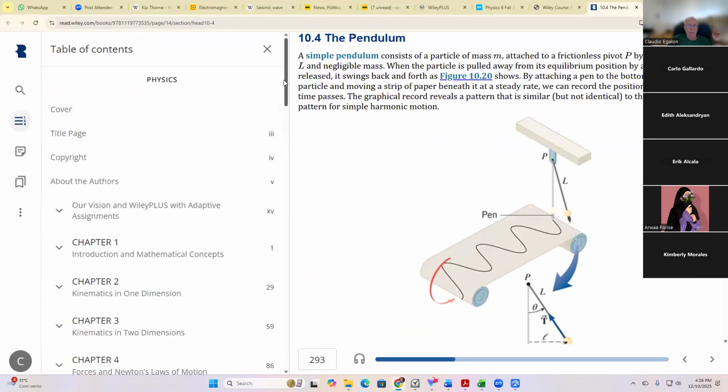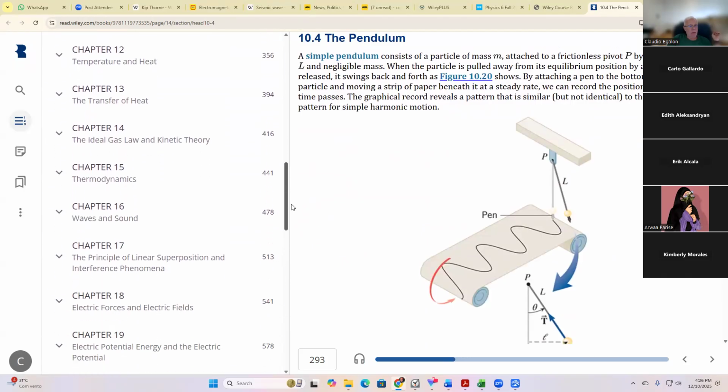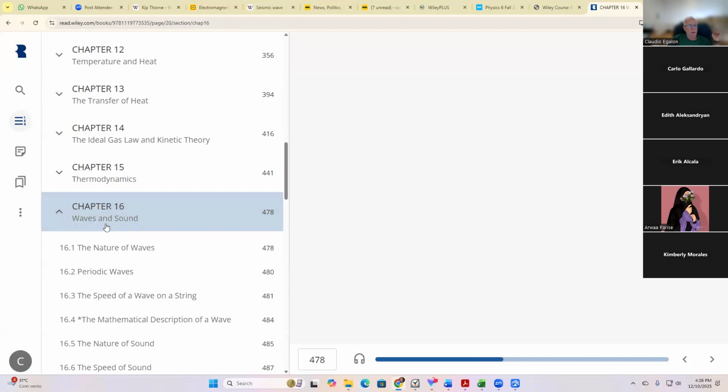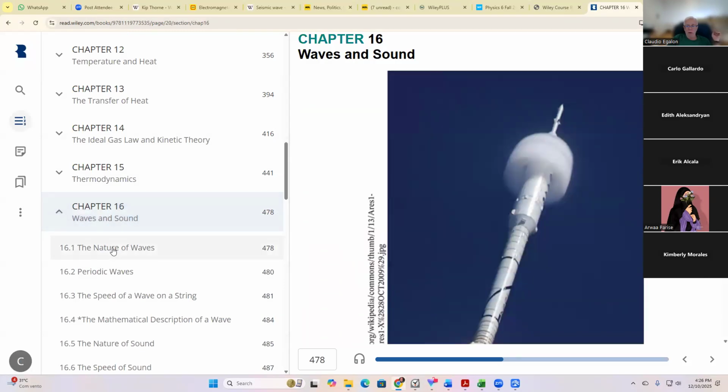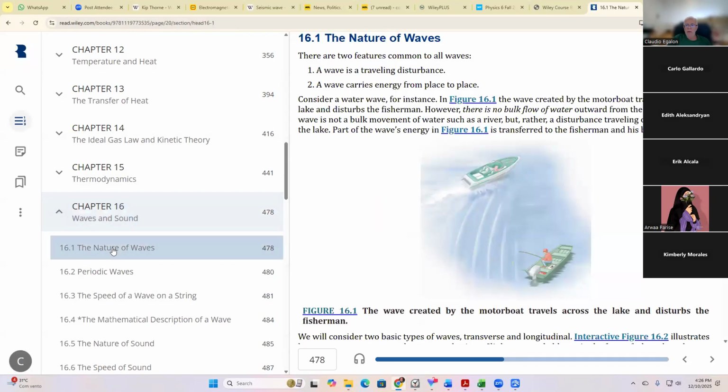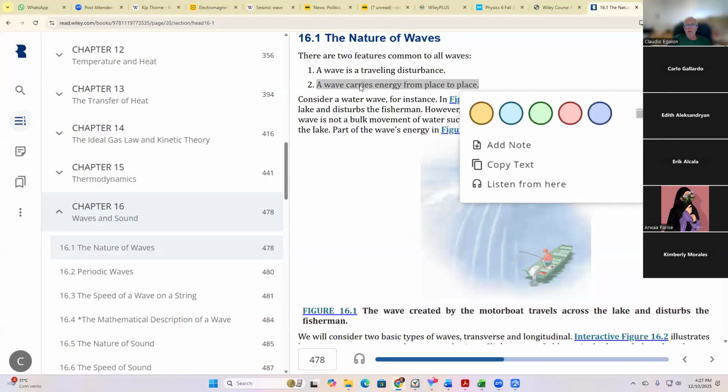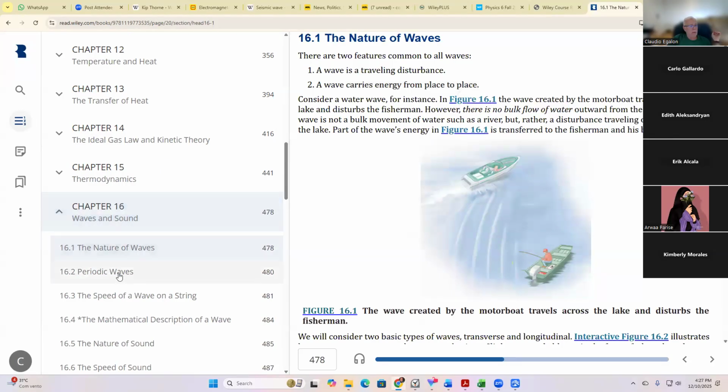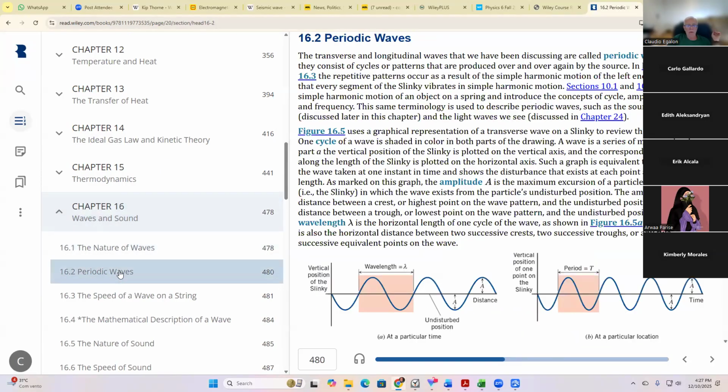Okay, we are talking about the chapter on waves and sound right here. We cover the nature of waves. It's a traveling disturbance, and a wave carries energy from place to place. This is energy propagation. Periodic waves, I discussed that as well.